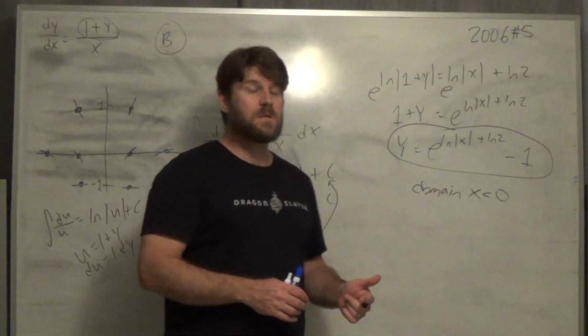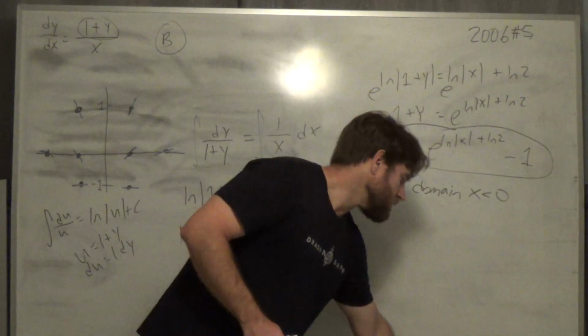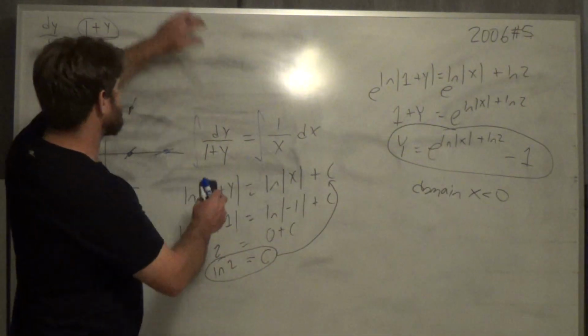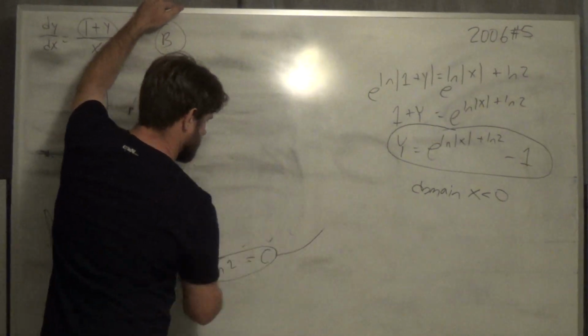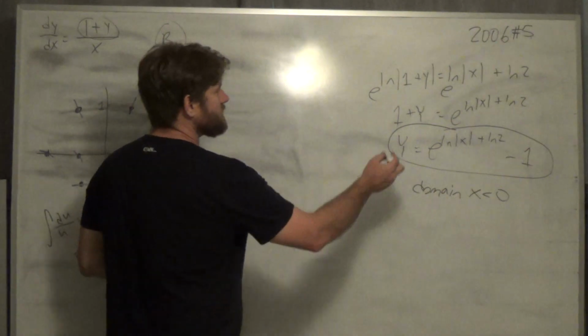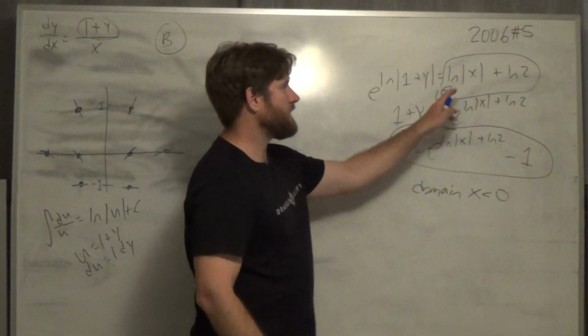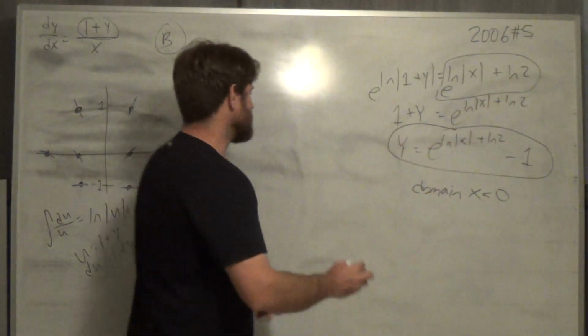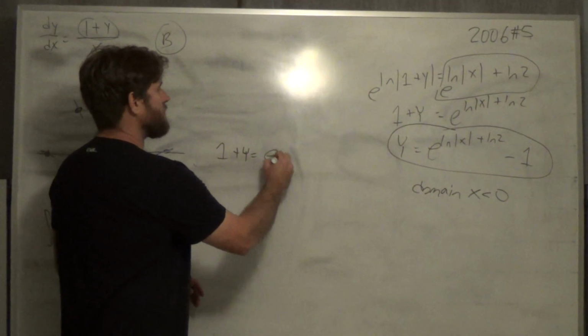Now, I want to show this to you a different way, which will be more obvious if we clean things up. So there are several different ways of solving for C. But one of the different ways is right here to break this up. E to the this times e to the this. So again, over here we have 1 plus y, and on the other side we can break this up.